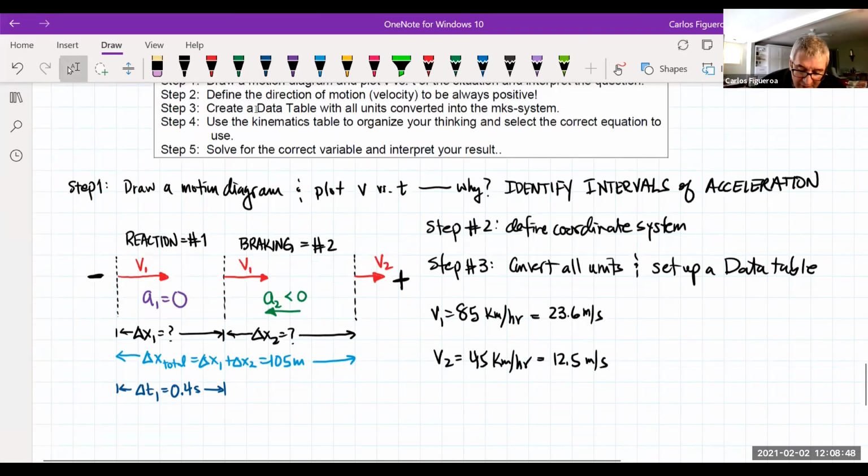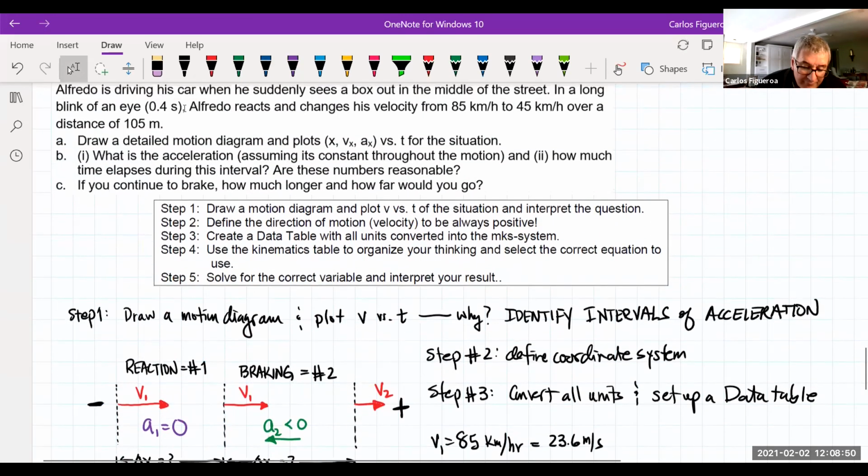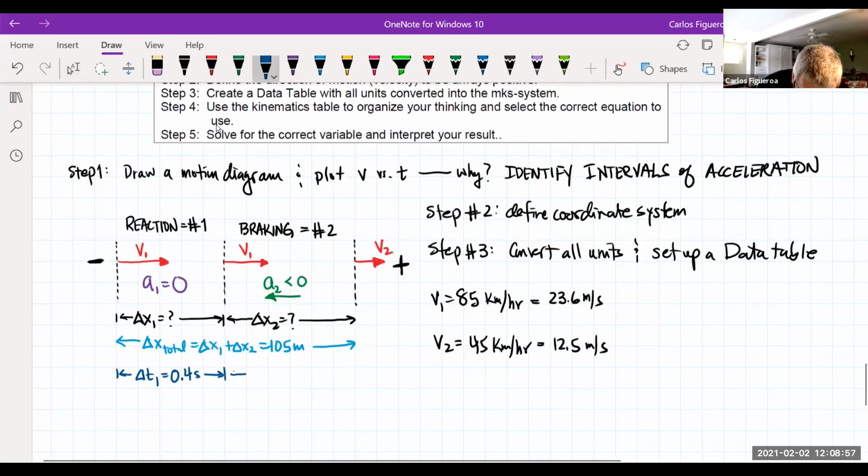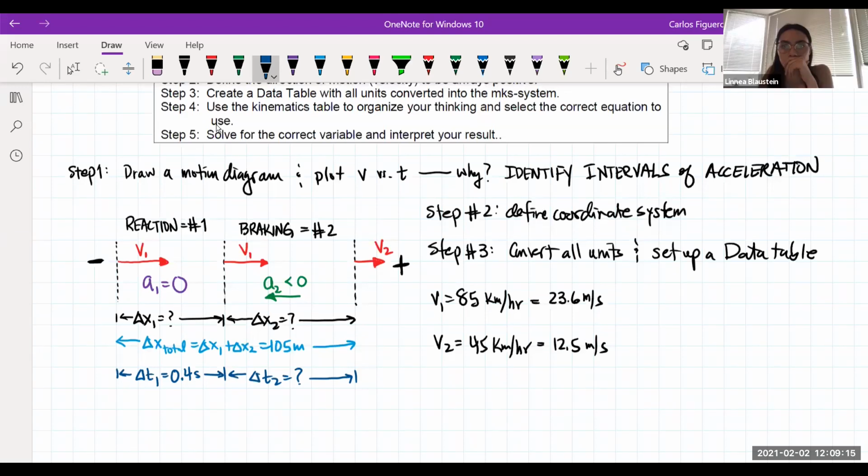Do I know anything about the braking time? The answer is no. There's nothing about the braking time. So my braking time from here to here is not known. So note, in interval 1, what is it that I don't know? I don't know the distance, and that's it. When I look at the braking interval, I don't know the acceleration, I don't know the distance, and I don't know the time. So there seems like there's a whole bunch of unknowns.